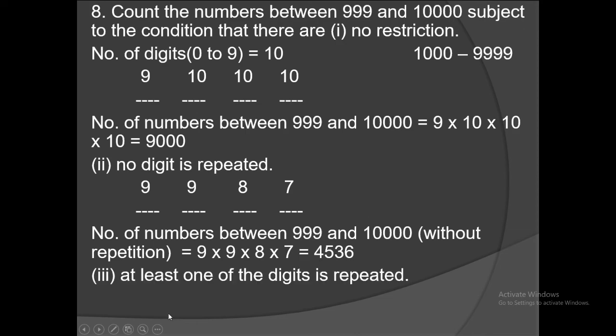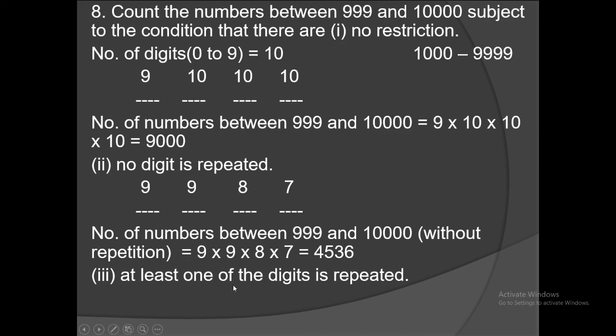Now the last subdivision is at least one of the digits is repeated. Here you can easily do it without this method. See, the first one is no restrictions, that means all the digits. The second one, no digits repeated.